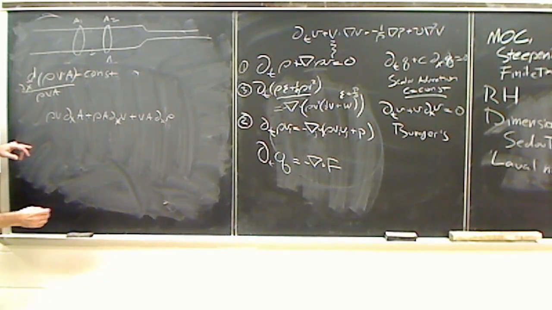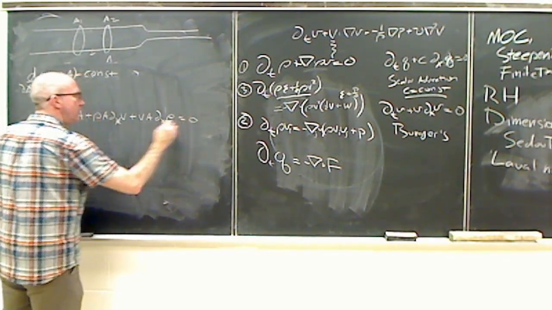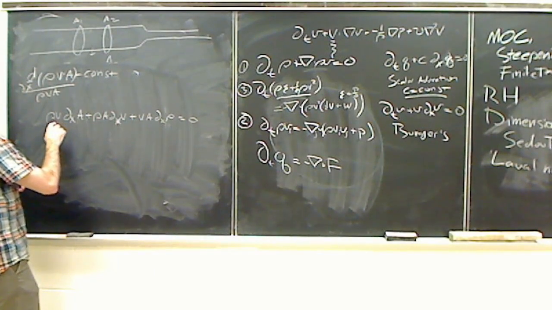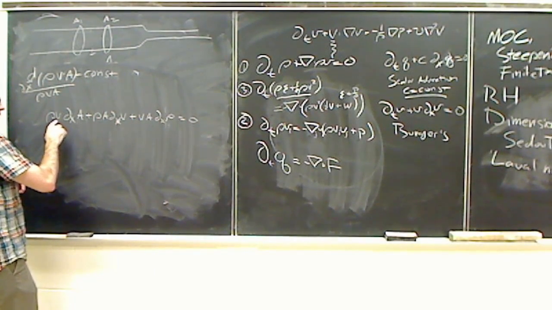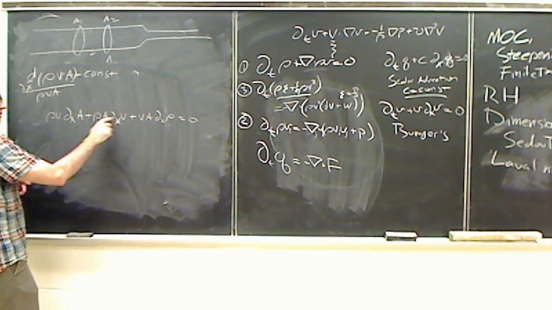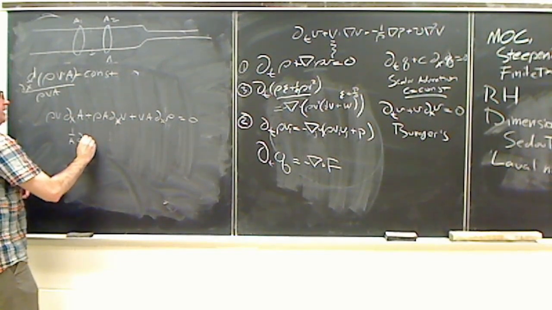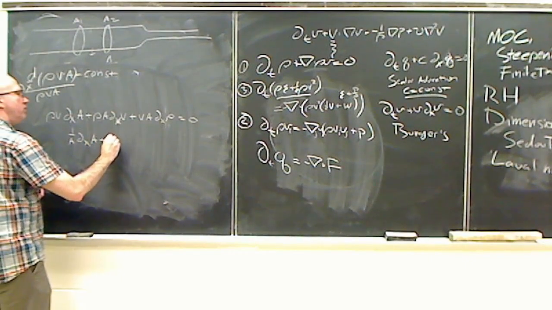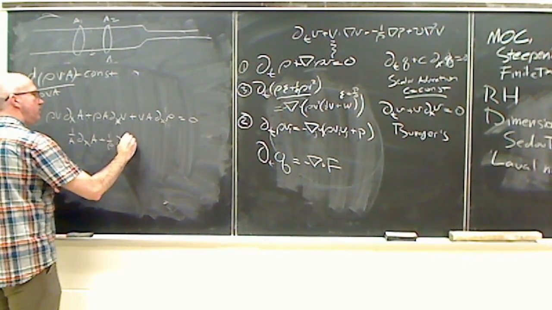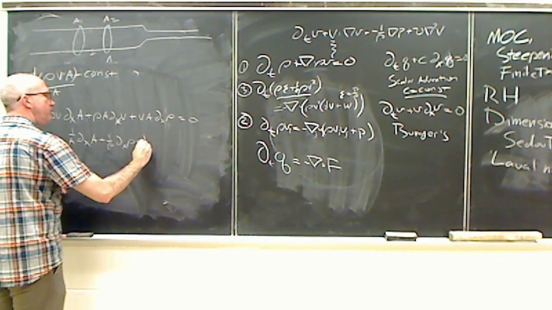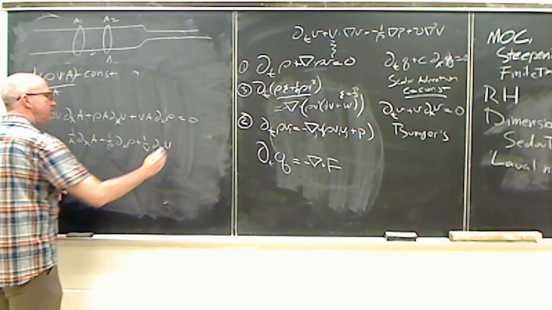And then I divide by rho vA, and this equals 0. I'm left, for each term, with just whatever thing is inside the derivative. So this is 1 over A dA/dx plus 1 over rho d rho/dx plus 1 over v dv/dx.